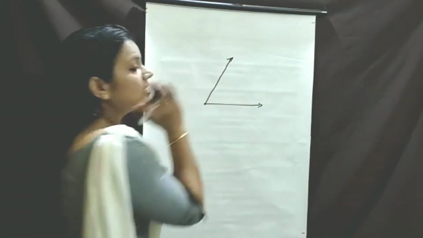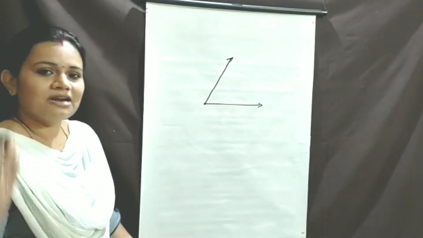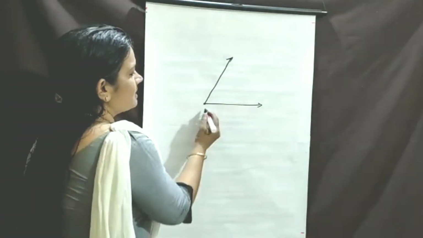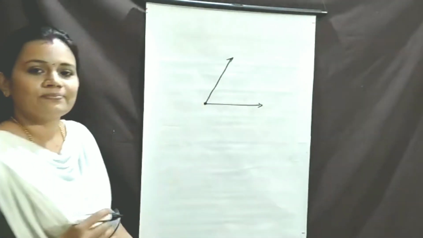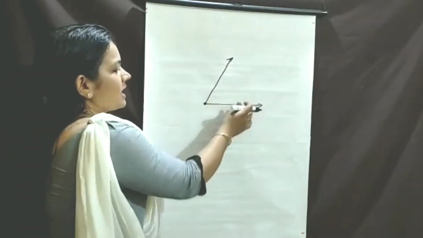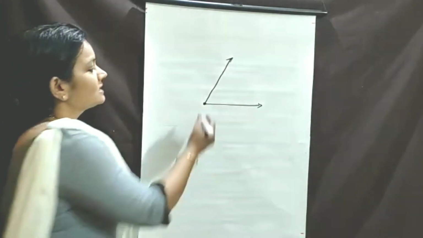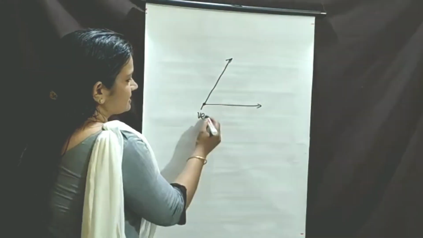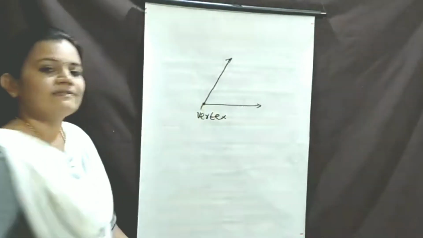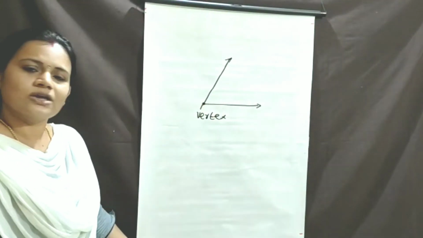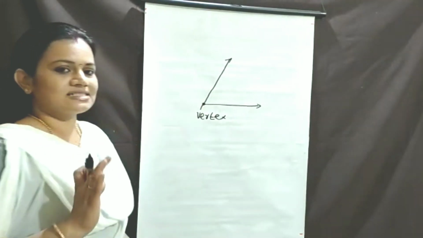Then this is an angle. Simply we can say two rays meet at the same end point. This is called the vertex.